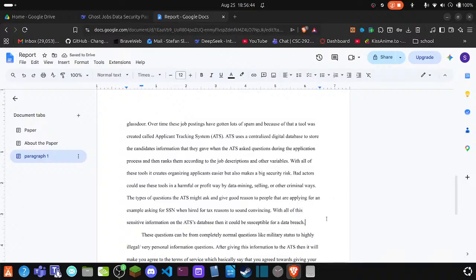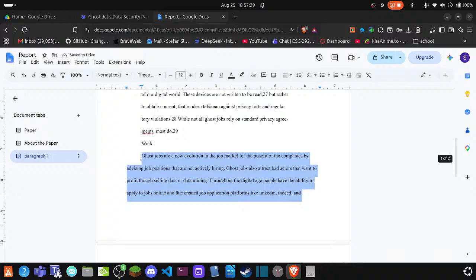Which in turn allows this sensitive information to be leaked on the public web for even more bad actors to get their hands on. Yep, misspelled there. I figured that. Okay.